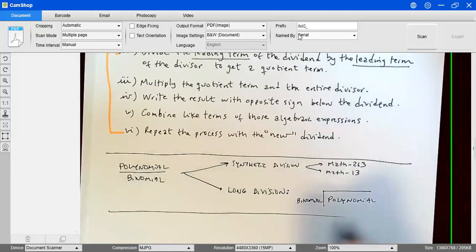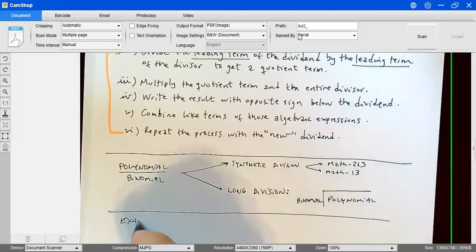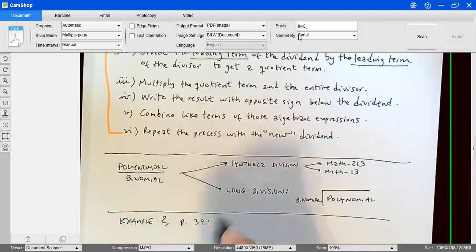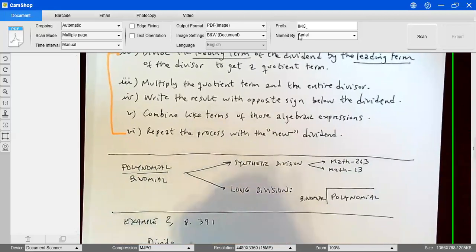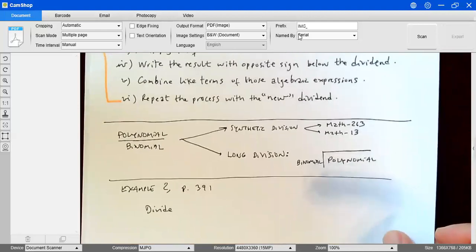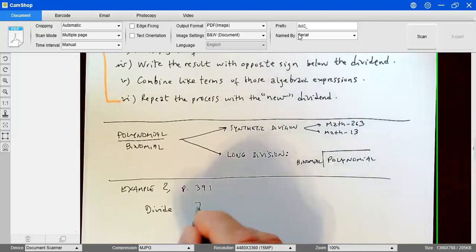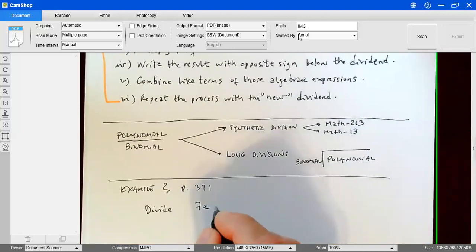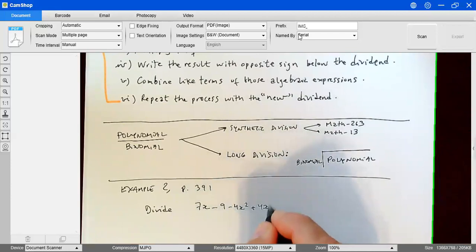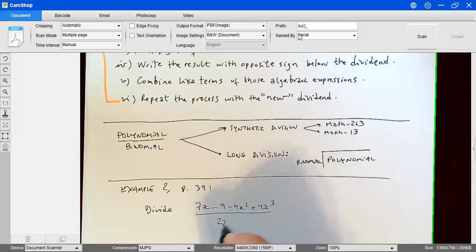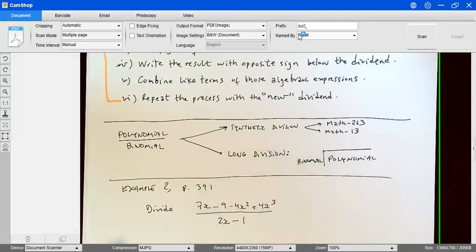So let's write here example 2 on page 399. The problem says divide, and then they provide a fraction where the numerator is a polynomial with 4 terms, and the denominator is just a binomial.